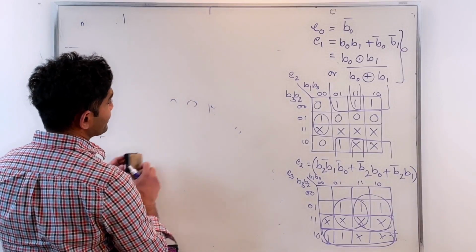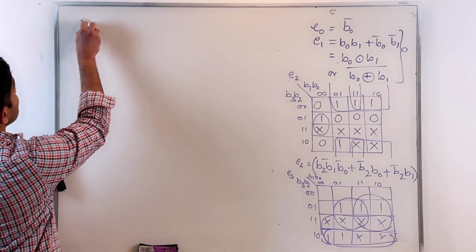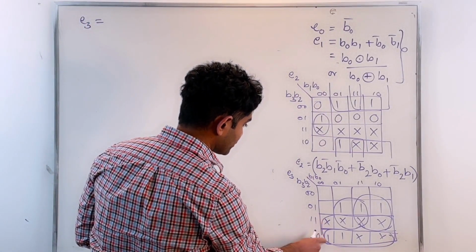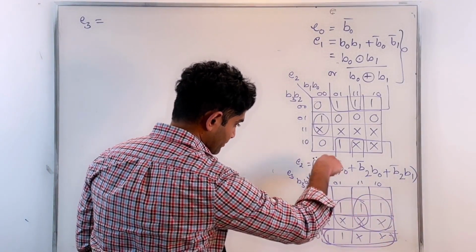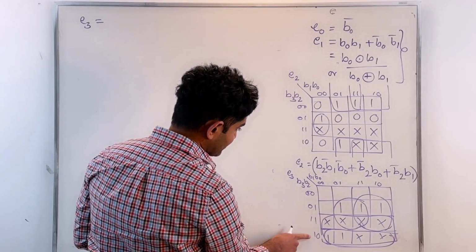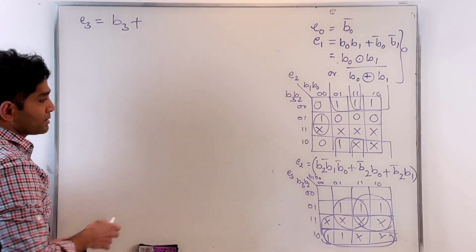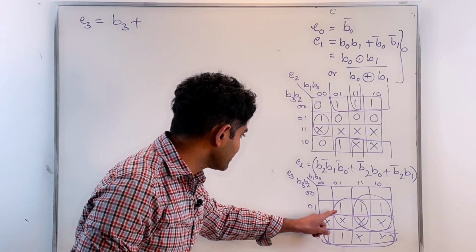Okay. So what is my E3 then? For this particular combination, my B1 and B0 are all eliminated when I go across. When I go down, the only thing that remains is B3. That's B3. Or, and then for these two combinations, what do I have?